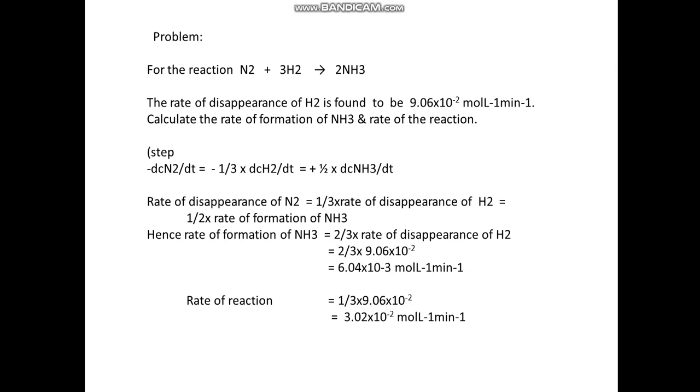For that, you equate 1 by 3 into the rate of disappearance of hydrogen with 1 by 2 into the rate of formation of ammonia. Hence, the rate of formation of ammonia is 2 by 3 into the rate of disappearance of hydrogen, that is 2 by 3 into 9.06 into 10 raised to minus 2, which is given as data. The answer is 6.04 into 10 raised to minus 2 moles liter inverse minute inverse. So that is the rate of formation of ammonia.